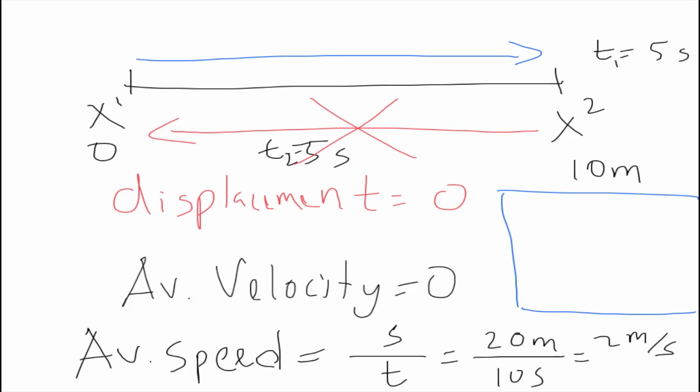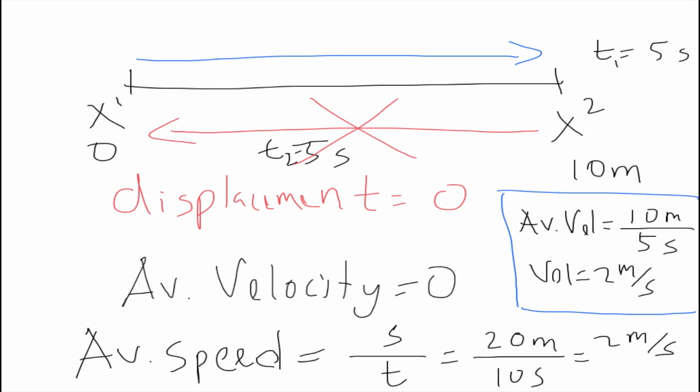The distance is going to be 10 meters. The displacement is going to be 10 meters minus 0, which is 10 meters. So the average speed, the average velocity, is going to be equal to the displacement, 10 meters, over the 5 seconds. So the velocity is 2 meters per second.